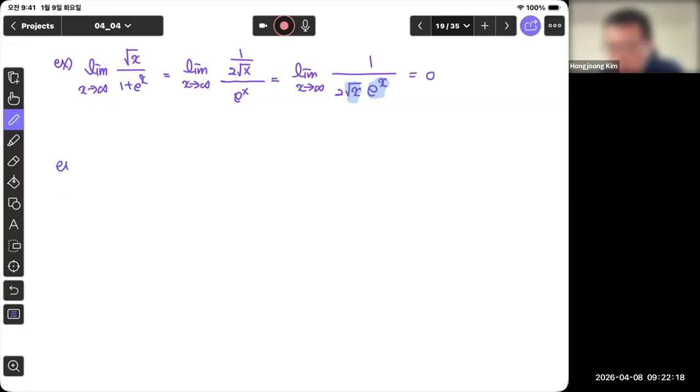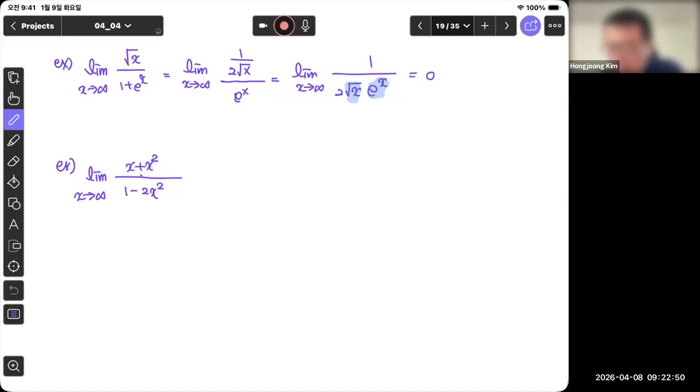Another problem, if I consider the limit of x plus x squared over 1 minus 2x squared as x approaches infinity. As x diverges to infinity, the numerator x increases, x squared also increases, and their sum increases without bound.